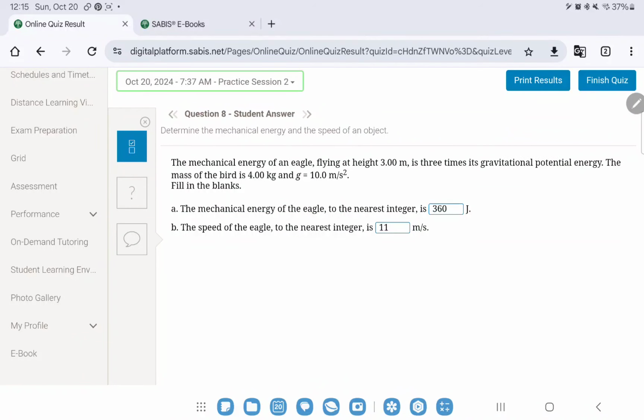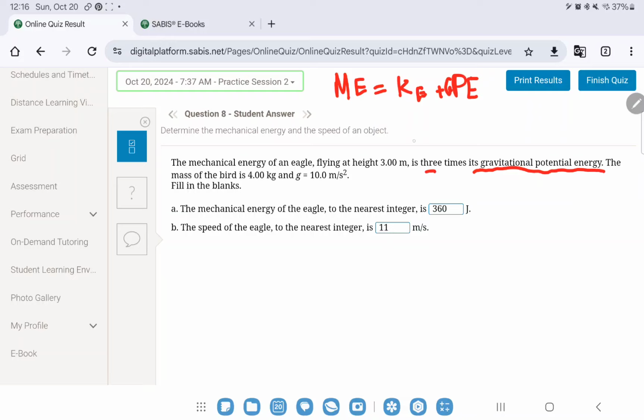The mechanical energy of an eagle flying at a height of 3 meters is 3 times the gravitational potential energy. We know that mechanical energy equals kinetic energy plus GPE, because this is the only type of potential energy we're taking in this chapter. We need to find the mechanical energy, but they told us it's 3 times the gravitational potential energy, and they didn't give us any velocities, so we cannot find KE from this. So what we have to do is find the gravitational potential energy and then multiply it by 3.